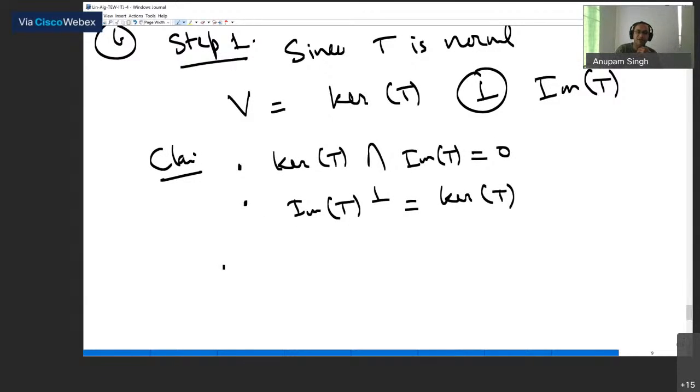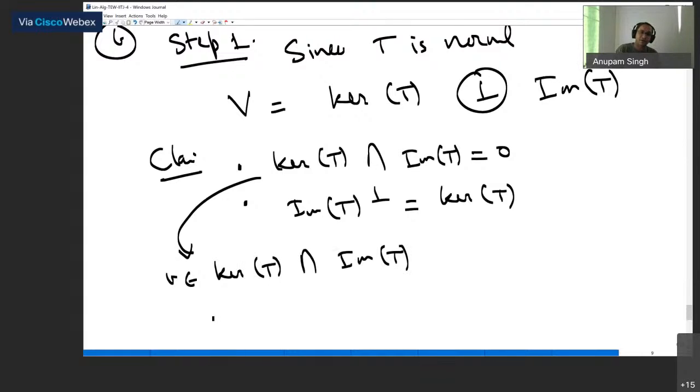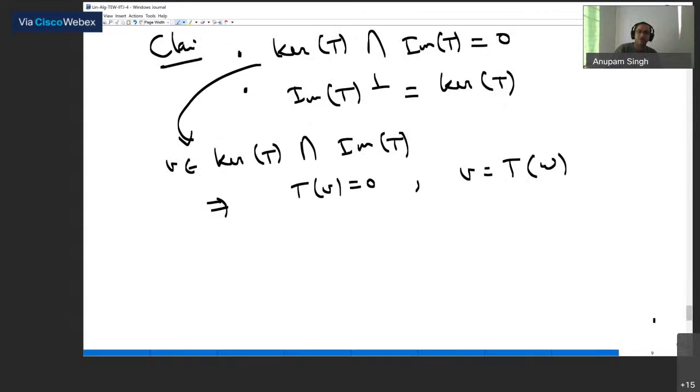The second part will imply that also. Okay, so to prove this, it's quite easy. Suppose I have a vector V which is in the kernel of T intersection the image of T. That means T of V is 0 on one hand, and V is in the image of T. So V is also T of some other vector, let's say W, right?